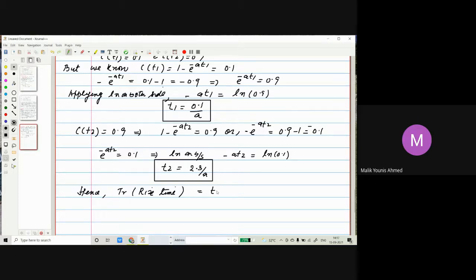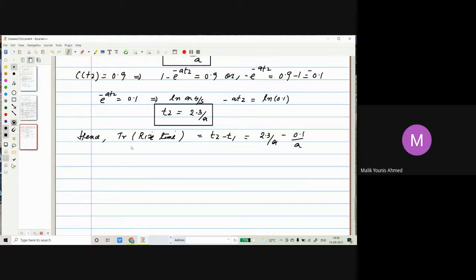Rise time is t2 minus t1, the difference between the two. t2 is 2.3 divided by a minus 0.1 divided by a. Denominators are the same, so that is 2.2 by a. So if we have to get the rise time in case of the first order system, that will be 2.2 divided by a. So this is your final equation for the rise time.